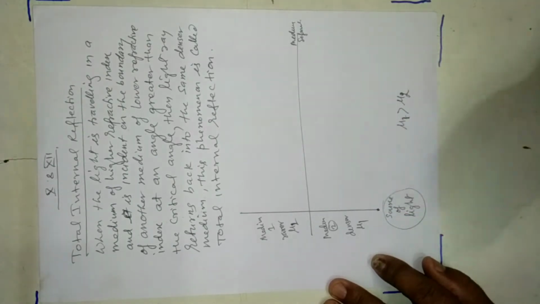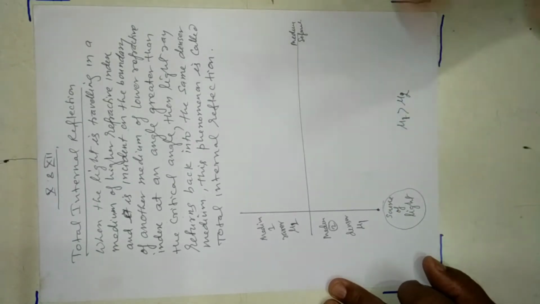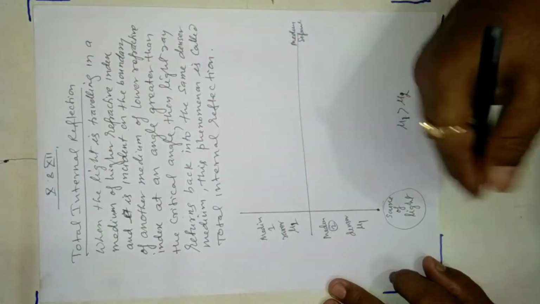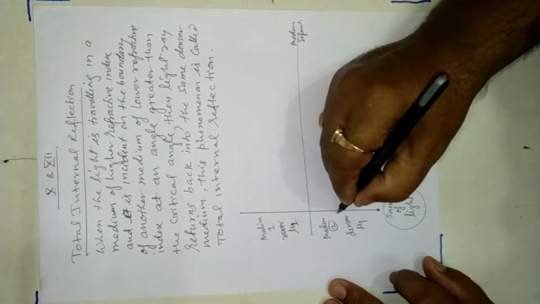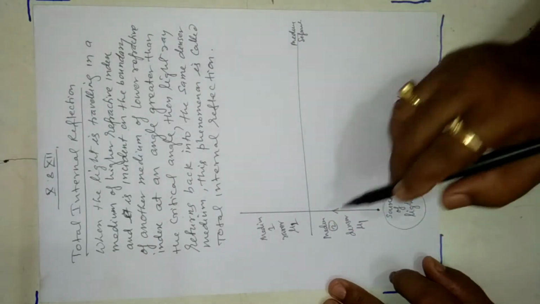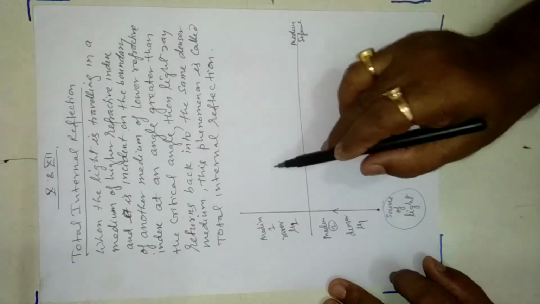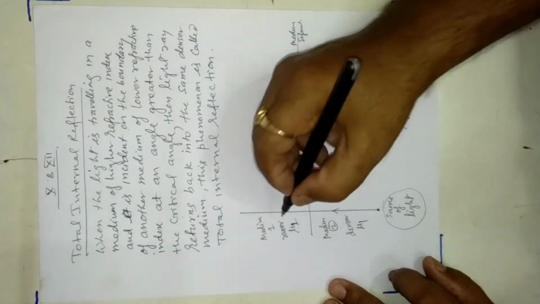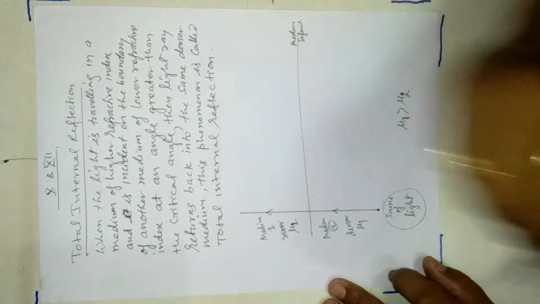From this source, rays will be emitted in all directions. One ray moves along this direction and falls on the boundary of the other medium. As it is perpendicular, it will pass out.